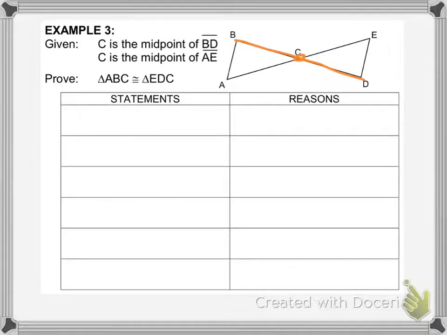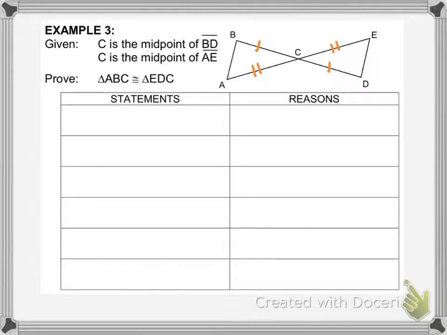So this midpoint C cuts it in half, which means that segment BC and segment CD are going to be congruent. The second given says that C is also the midpoint of AE. So that segment is also being cut in half. So we can say that AC and CE, those 2 segments, are also congruent. So I already have 2 pairs of sides. So for these 2 triangles, I'm thinking maybe either side, side, side, or side, angle, side.